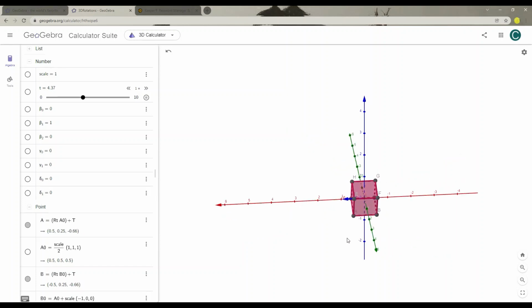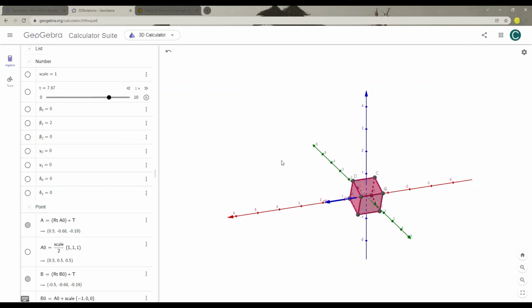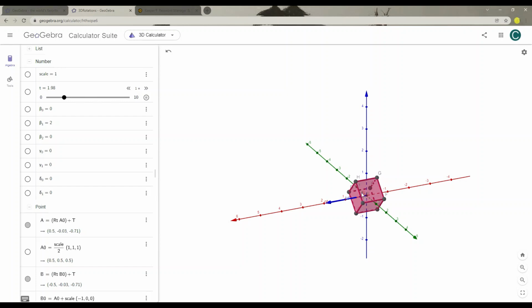The blue arrow represents the angular velocity, and there's a red arrow which isn't quite visible right now, but that'll represent the angular acceleration. As you can tell, if I increase the magnitude of the angular velocity, the rotation rate increases, which is what could be expected.